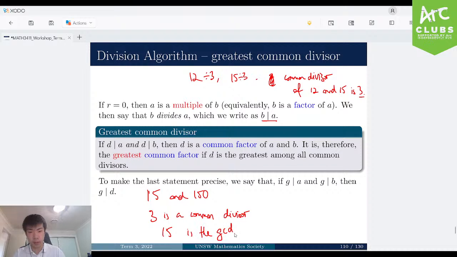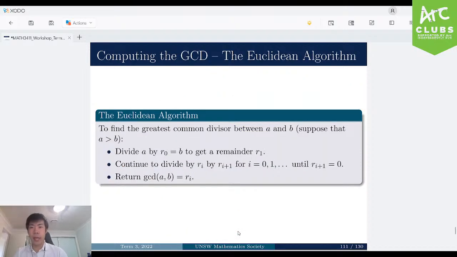So how can we compute this greatest common divisor in a systematic way? One way is to use the Euclidean algorithm. The process is to first divide a by our divisor b to get a remainder r1, and note down that b is r0.